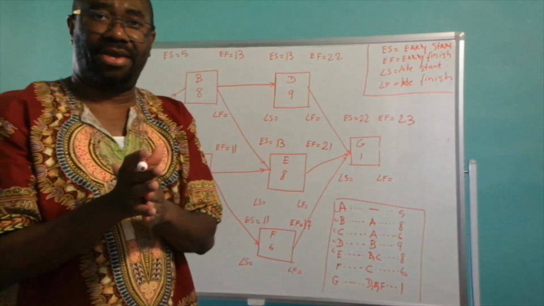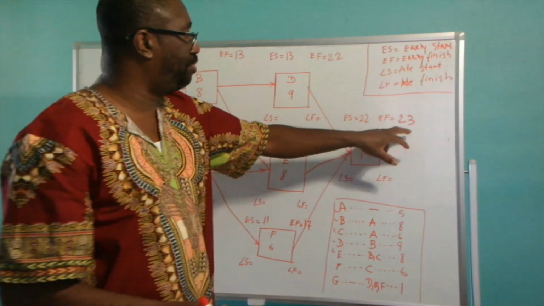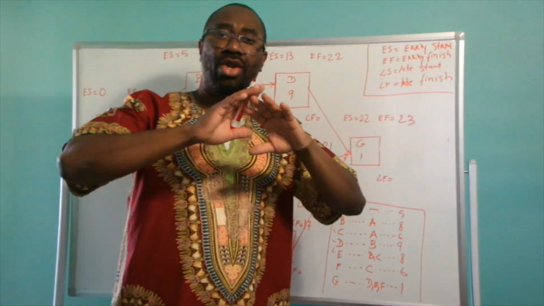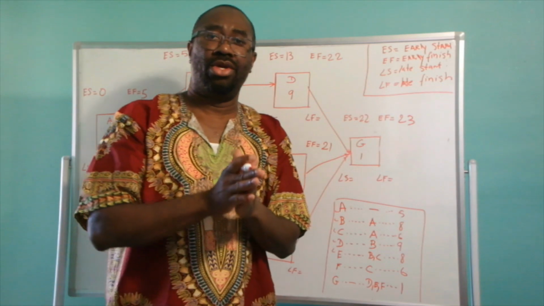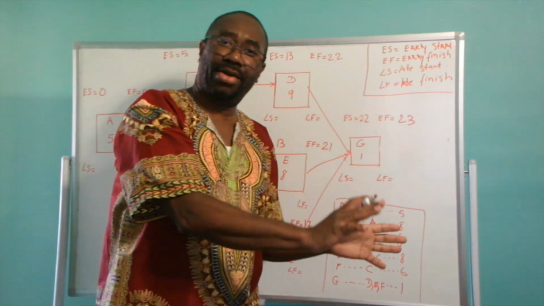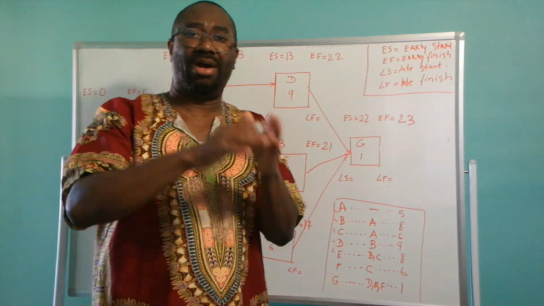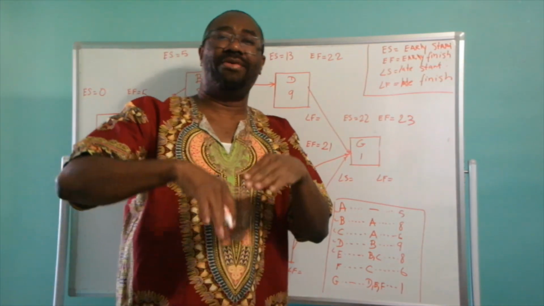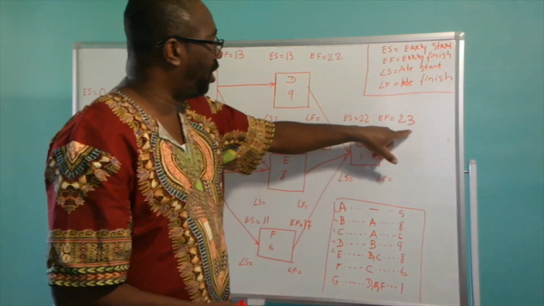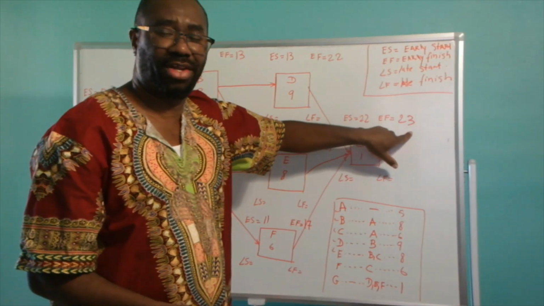So right there, we can tell that this project, barring any obstruction, no rain, no amount of days lost by rainfall or accident, pending everything goes well, has a duration of 23 days.